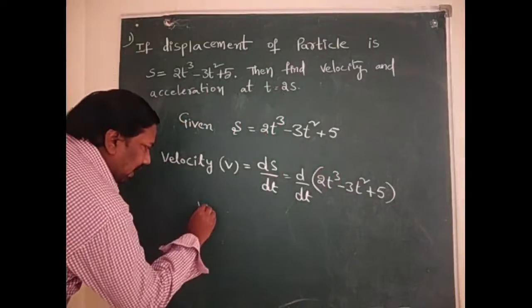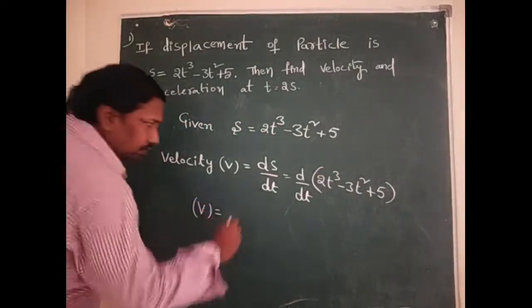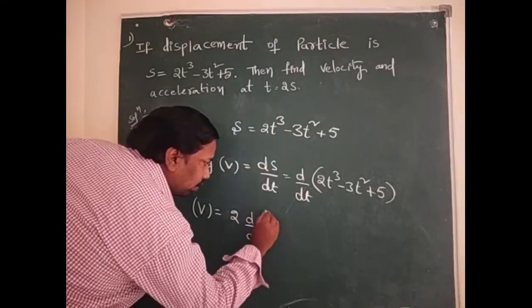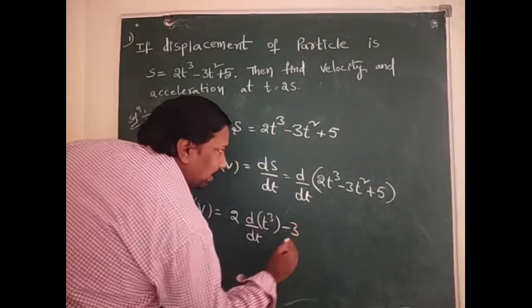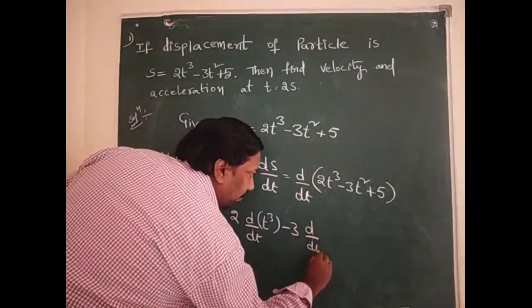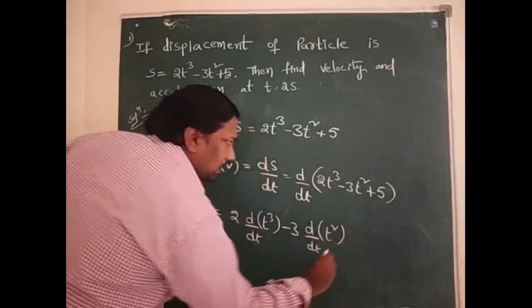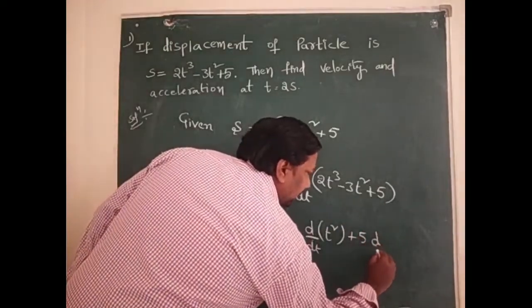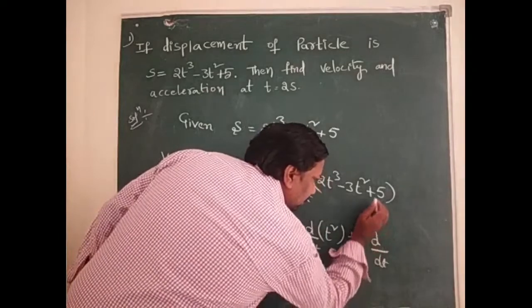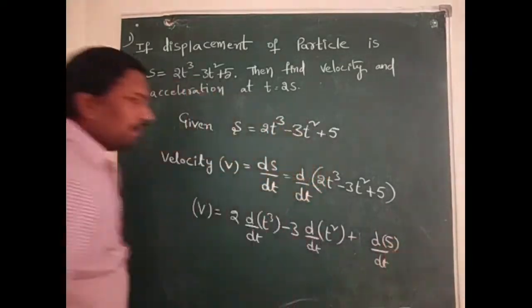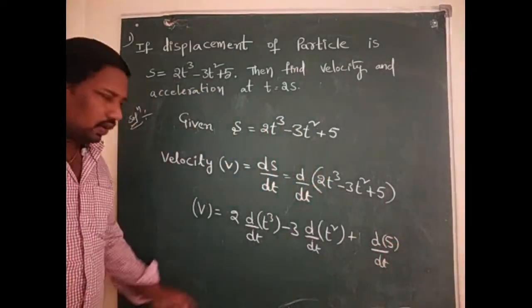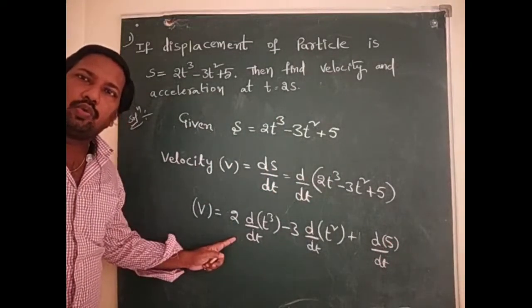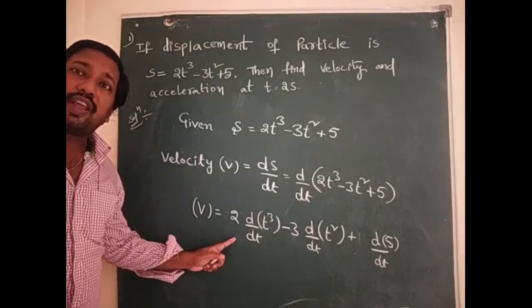So velocity v equal to 2 into d by dt of t cube minus 3 into d by dt of t square plus 5 into d by dt of 5. In this situation, d by dx of x power n equals n into x power n minus 1.